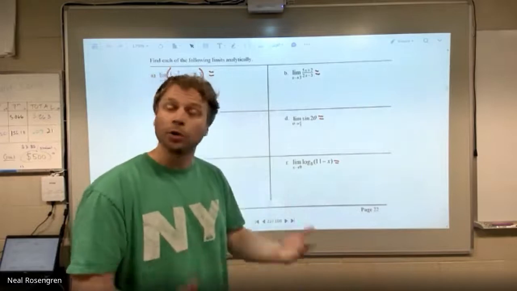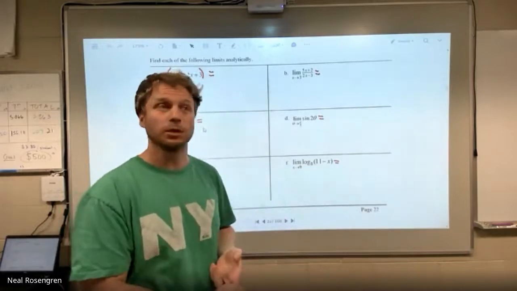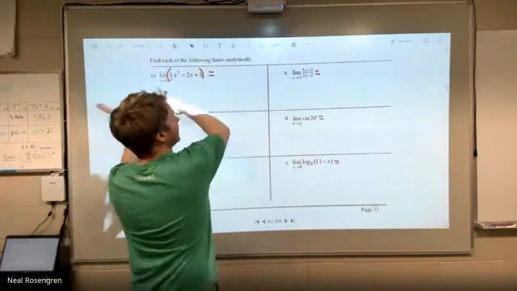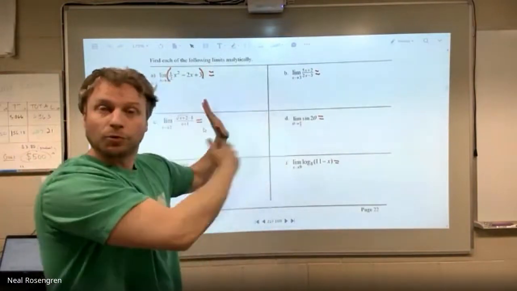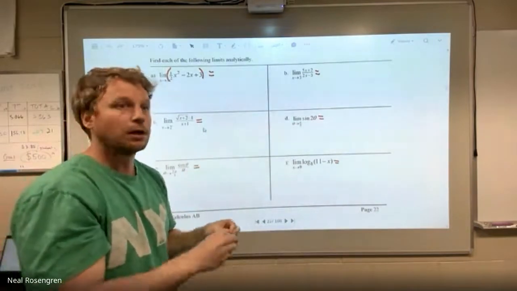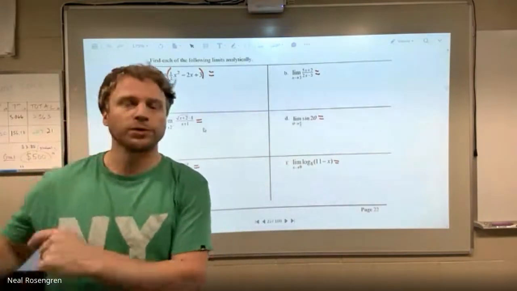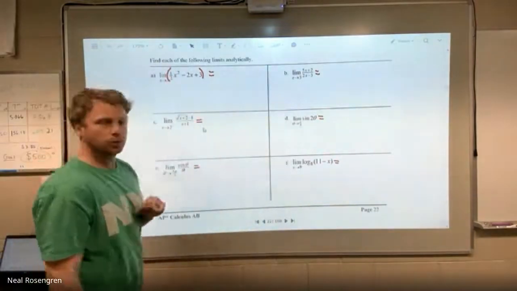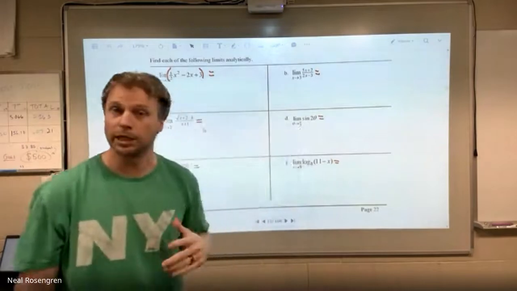Do I feel good about it being defined and continuous? And if the answer to that is yes, then in my next expression that I'm about to write on the other side of this equal sign, the limit notation is gone once the 3 goes in, or once the 2 goes in, or once the pi over 2 goes in.